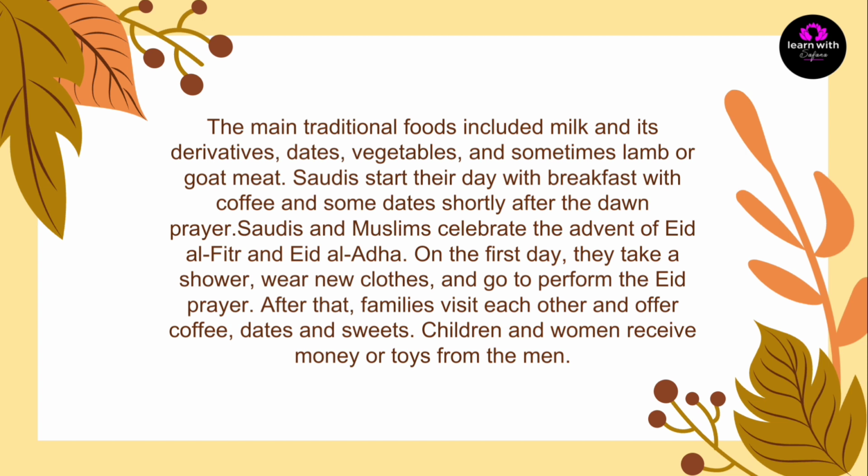Saudis and Muslims celebrate the advent of Eid al-Fitr and Eid al-Adha on the first day. They take a shower, wear new clothes, and go to perform the Eid prayer. After that, families visit each other and offer coffee, dates, and sweets. Children and women receive money or toys from the men.